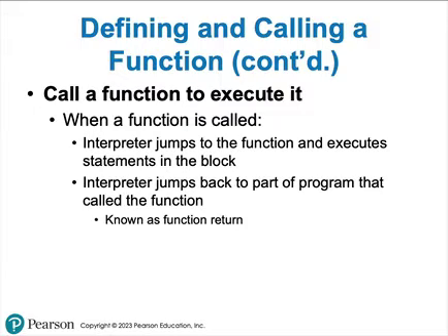The function executes, and when the function is done executing, the flow of control goes back to the location in your main program where you called that function. When you hit the end of the function or you return a value, that's known as the function return.